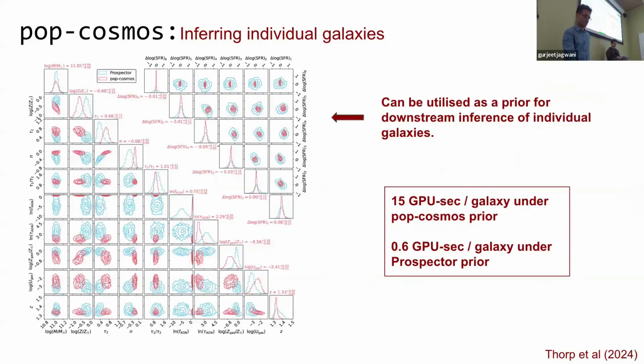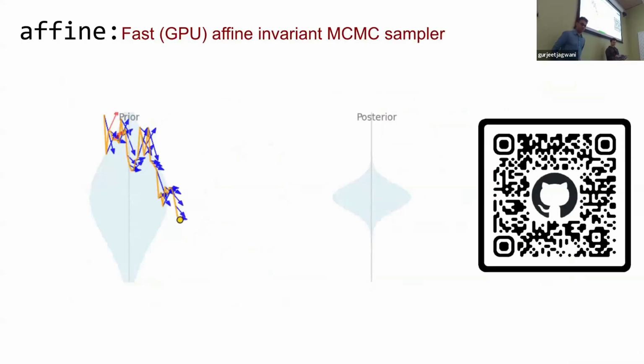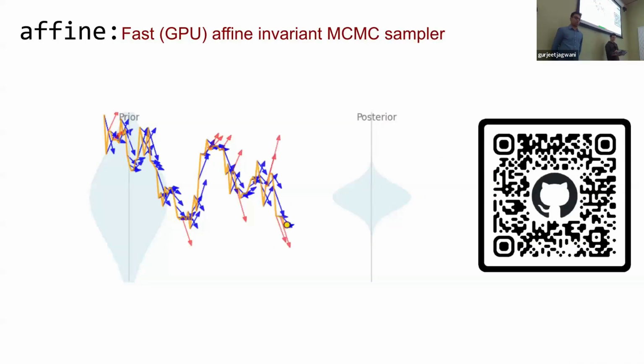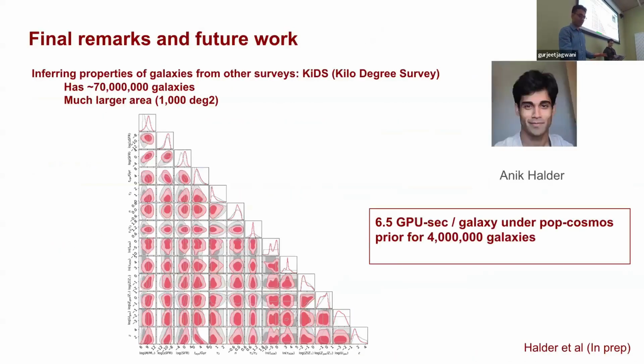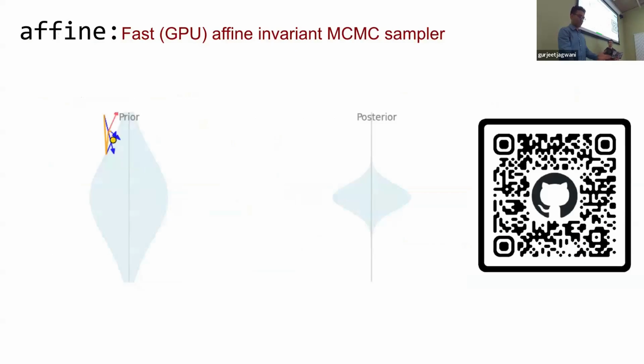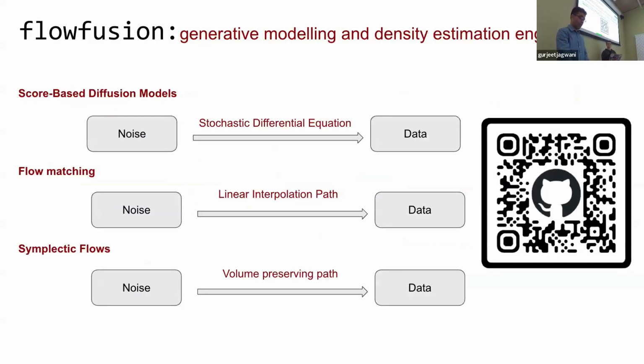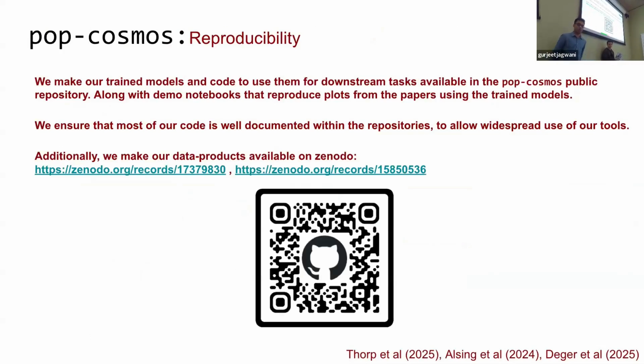I've also been working on the affine MCMC sampler, improving the sampling speed, so that before we had 15 GPU seconds per galaxy, and now we have like 6.5, which is almost a 2 times speed up, which came from affine. And also the release of Pop Cosmos, which I helped create as well.